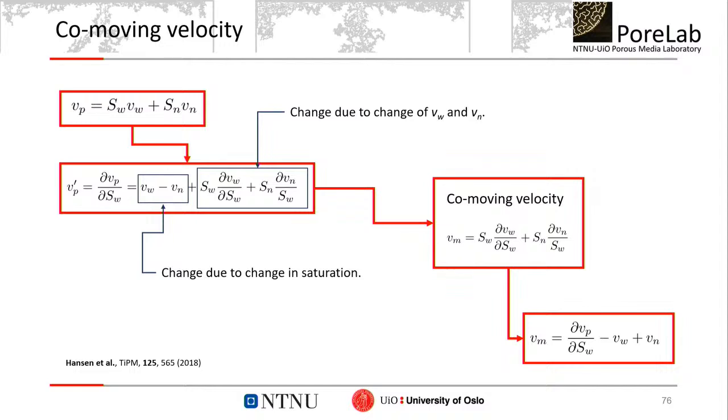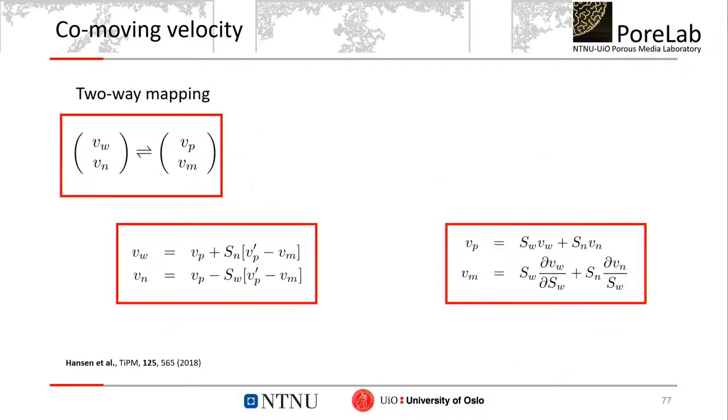It's not trivial. And then if I just plug that back in here, I have now the co-moving velocity, another expression for it. It looks like this. And here's a two-way mapping. Here's the average velocity, and here's the co-moving velocity. The difference between the average and the co-moving is that I have to take the derivative of this one and this one. That's it.